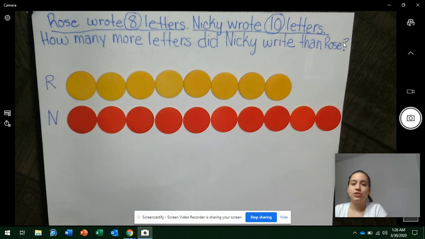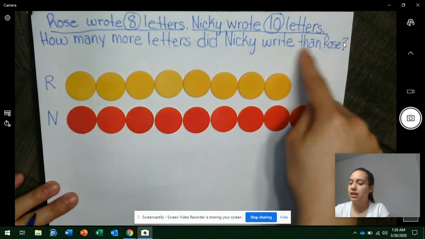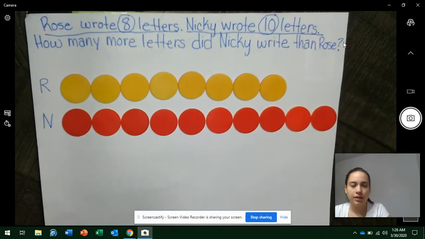Very good. So now our third step is we're going to circle our keyword that tells us that we're going to compare. So for that, we need to go to our question. How many more letters did Nikki write than Rose? What is my keyword? Think about it. And if you're ready, say it.